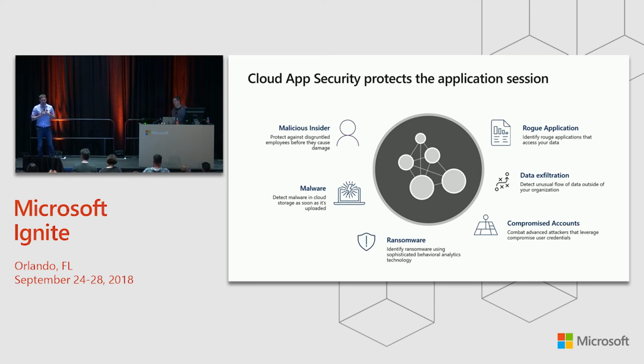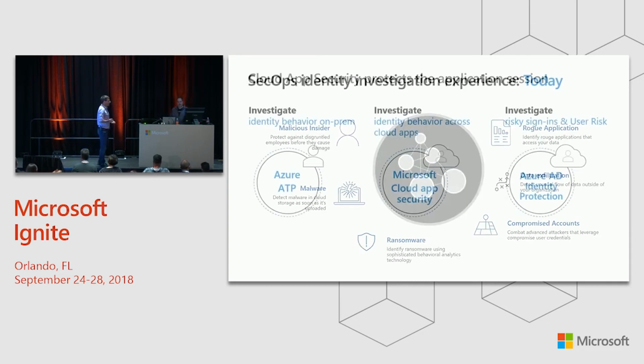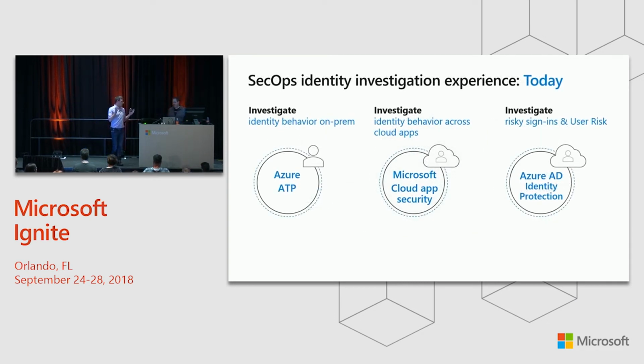If I'm a user who is working with a cloud application and trying to download too much data from this application, this gives me the ability to understand that a malicious insider or a person tried to do data exfiltration. Or more than that, if I gave access to a rogue application to my email that's trying to manipulate it and maybe add forwarding rules, Cloud App Security will help me understand that.